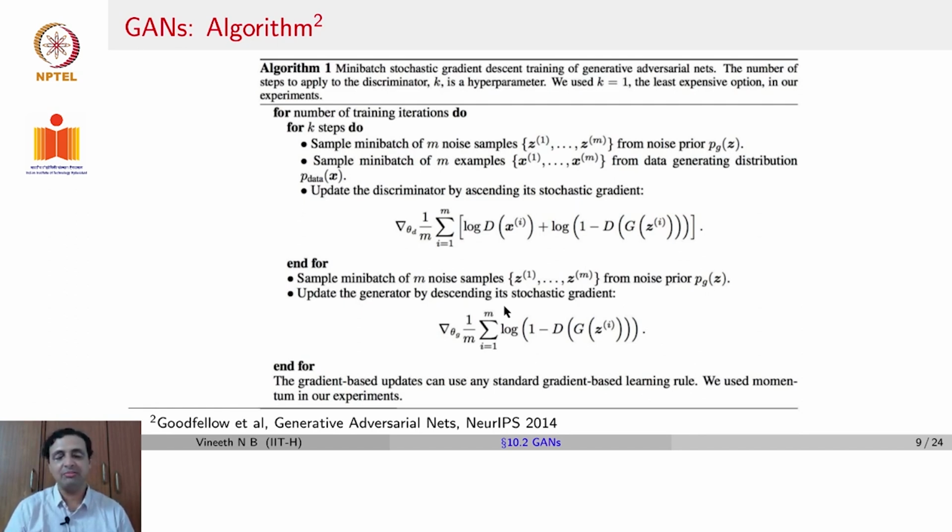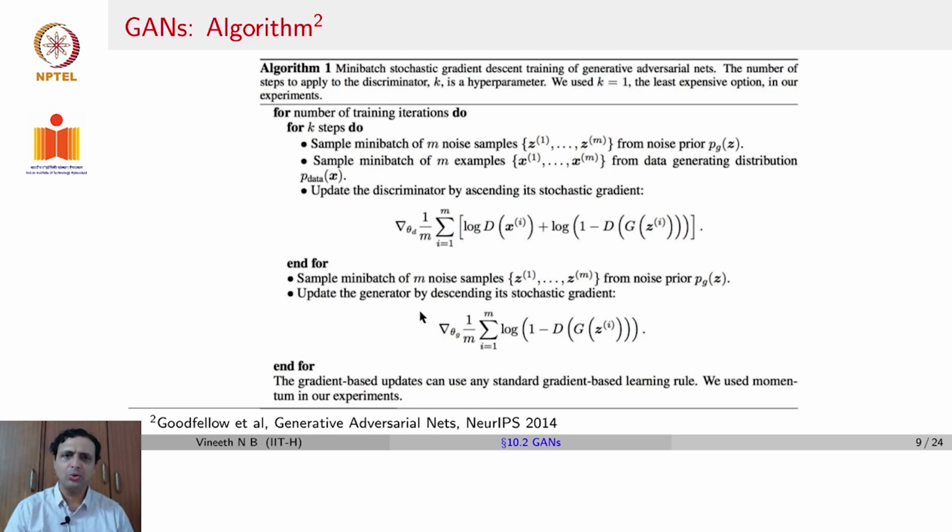The first term in the objective anyway did not depend on G, only the second term depended. So we now like to minimize log of 1 minus D of G of Z with respect to the parameters in the generator network G. Now this is repeated over training iterations, and this is used to finally come up with a model for the generator.